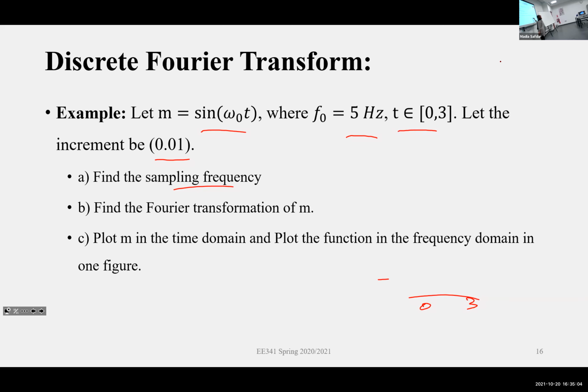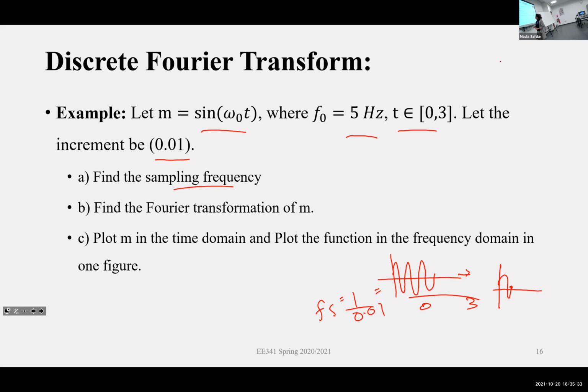In the previous class also, I told you the sampling frequency is the number of cycles per second. In this case, the increment means that one cycle is completing in this 0.01 interval. So if I divide by 0.01, it will give me the sampling frequency.